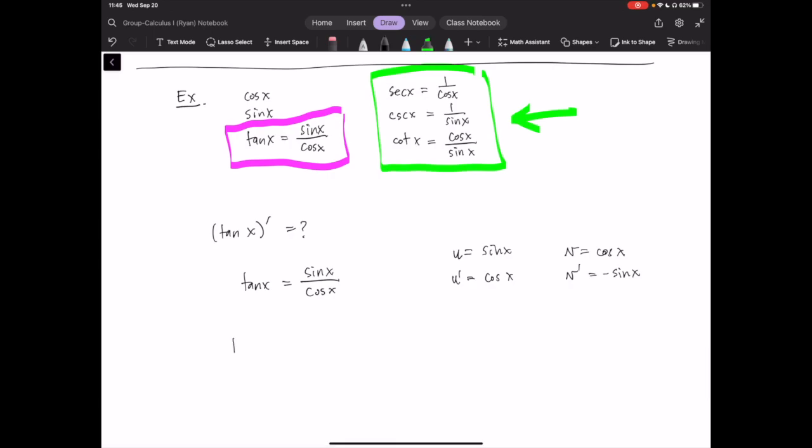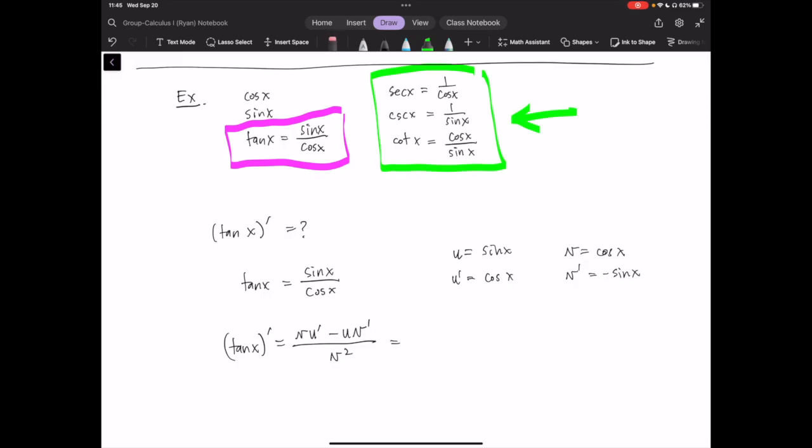So our derivative of tangent is going to be, remember, v times u prime minus u times v prime all over v squared. So if we plug all this in, whoops, I wrote the wrong one.